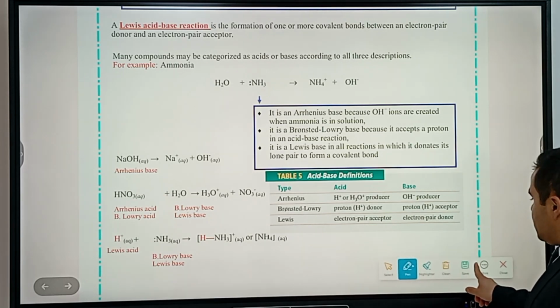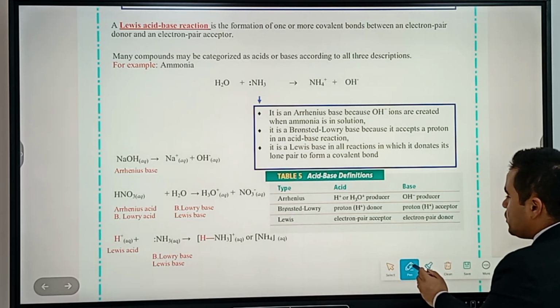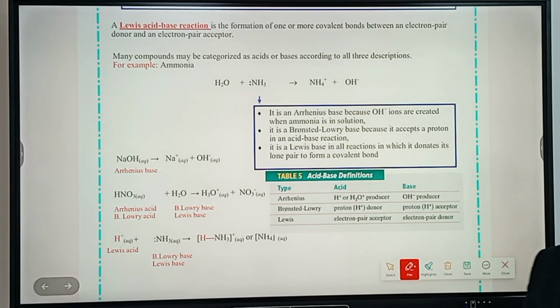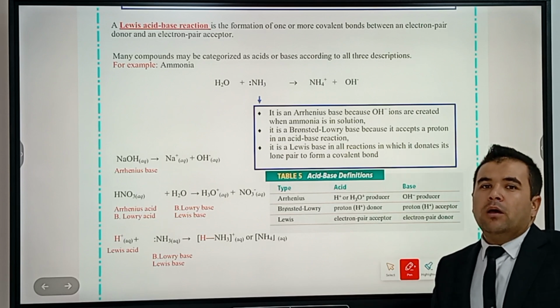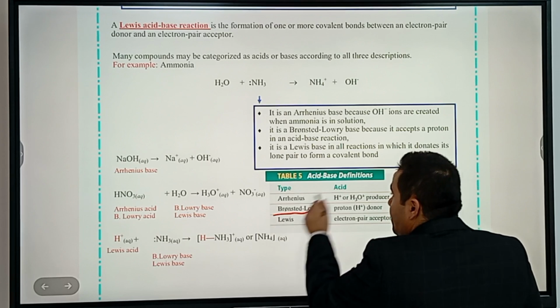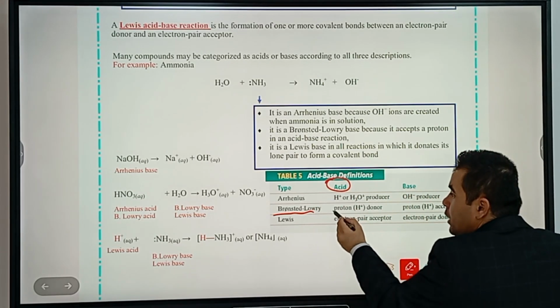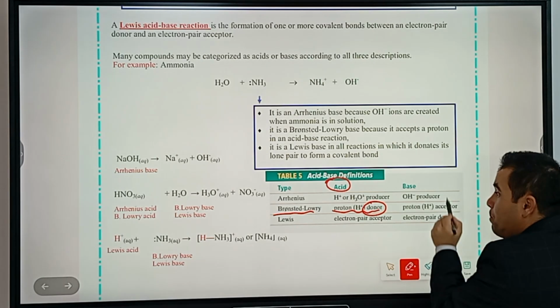The reminder for this section, guys, is this table. You just have to be careful about the terms of acceptance and donation between Lewis and Bronsted-Lowry. Guys, the Bronsted-Lowry acid is a donor of a proton, so it is a donor.